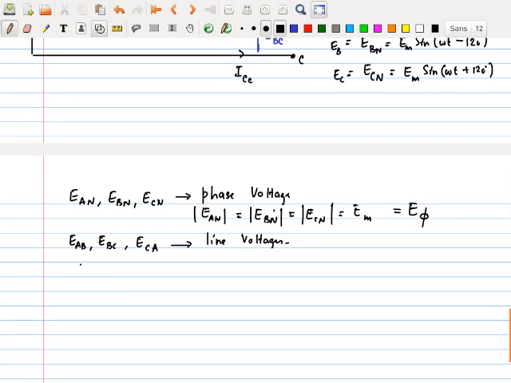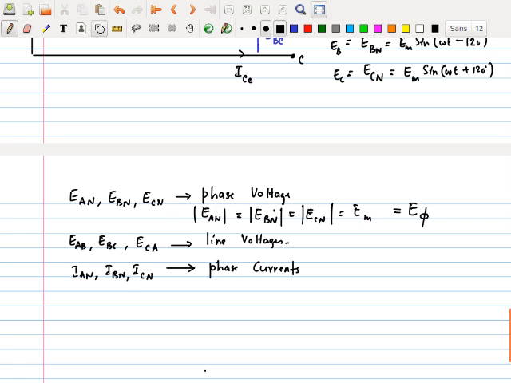Then you have I of AN, I of BN and I of Cn. Those three are called phase currents. Now you realize EAB, EBC, ECA, all these magnitudes are the same.